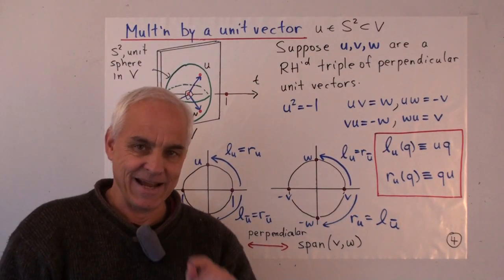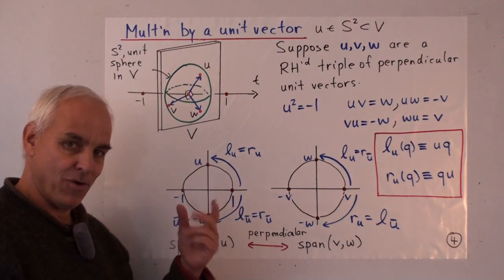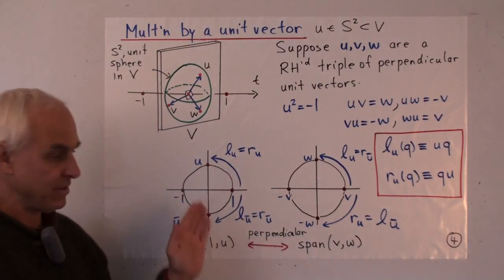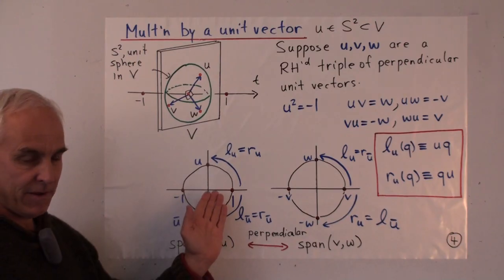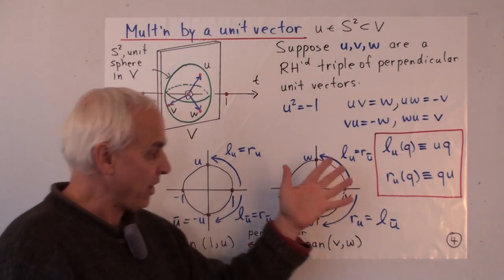The actions are subtly different. Here it doesn't matter what direction or what order we multiply because the situation is commutative in this little two-dimensional plane. It's just like the complex numbers. But here the action of u by multiplying on the left and on the right is different.